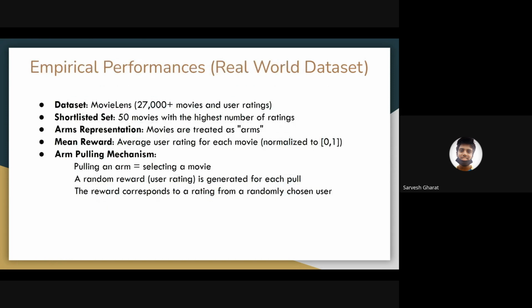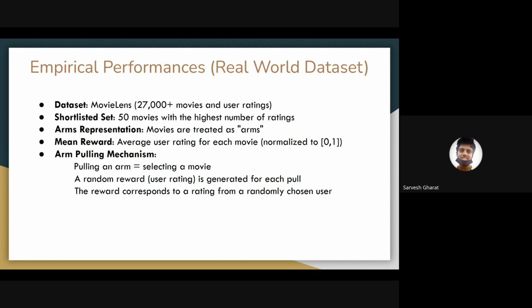So we then move to a real world data set, wherein we query the popular MovieLens data set, and to keep this experiment very simple, we only consider the 50 movies with the highest number of ratings. If you want to map this problem to the bandit literature, then movies are treated as arms, and the reward corresponding to every movie is what the user has rated it.